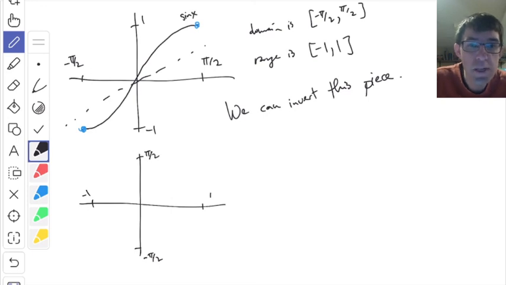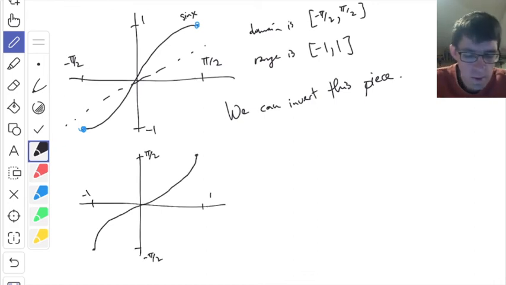And the picture is the mirror image of that original curve. The original curve looked kind of like an S, and this is again kind of like an S, but going upside down somehow. If you don't look very closely, this will look like the same shape curve, but the concavities are backwards.